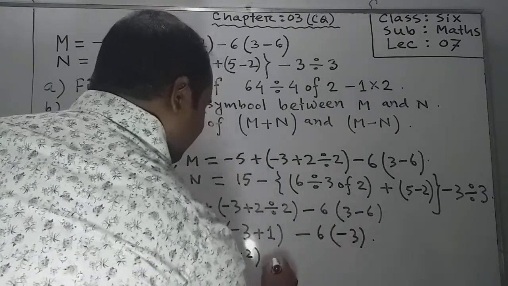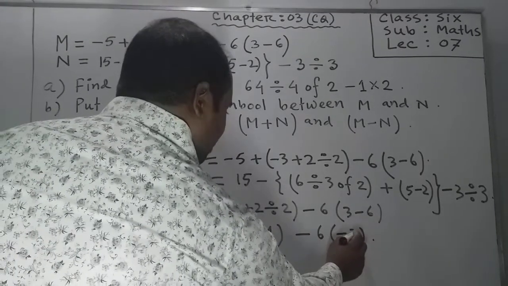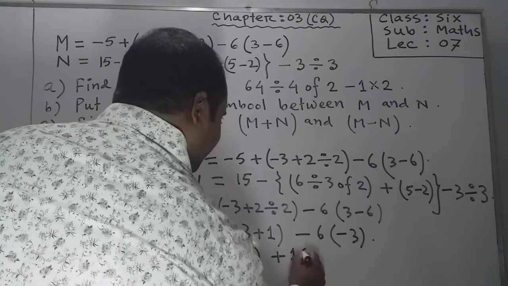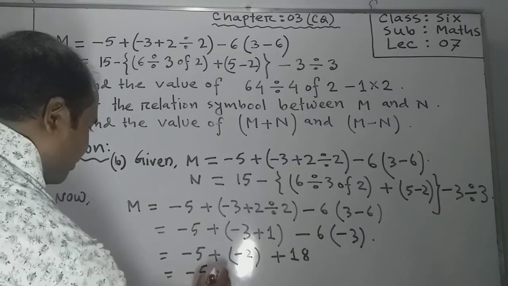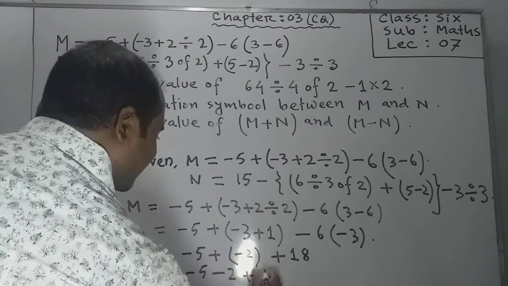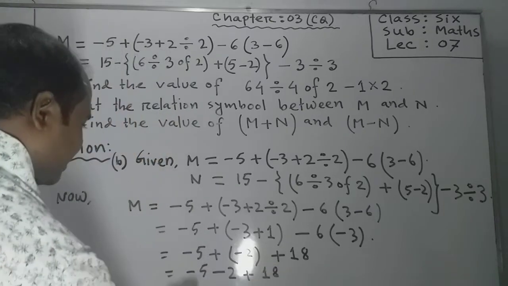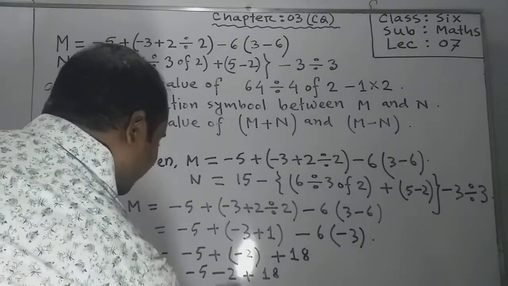Minus into minus is plus, 6 into 3 is 18. So minus 5 plus, or minus, a minus 2 plus 18. Minus 5 and minus 2 is minus 7.